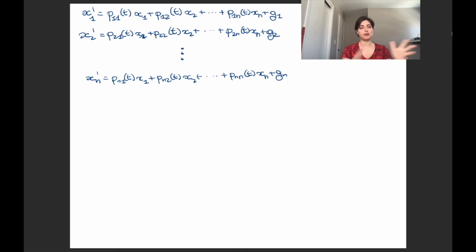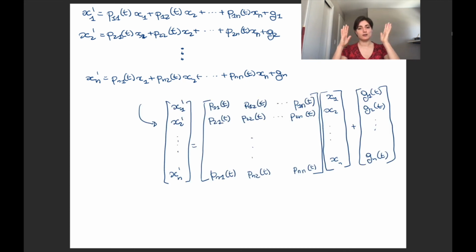If we write the ODE in this form, then we can rewrite it in a matrix form. So you know how you can multiply matrices and vectors? You can do the same when things are functions. So now we have a vector in which each element is a derivative of x. So we have x1 prime in the first element, x2 prime, down to xn prime, equal to a big matrix in which all the p's are placed in the right position.